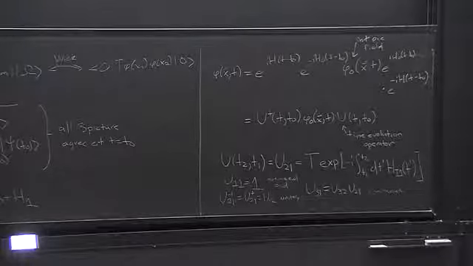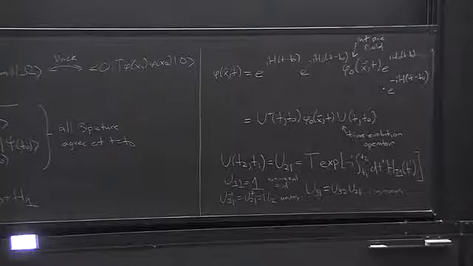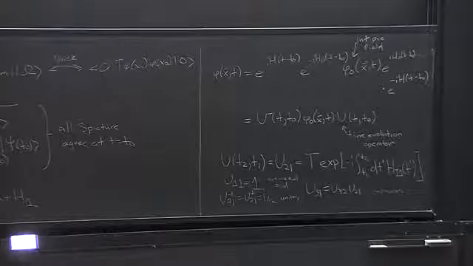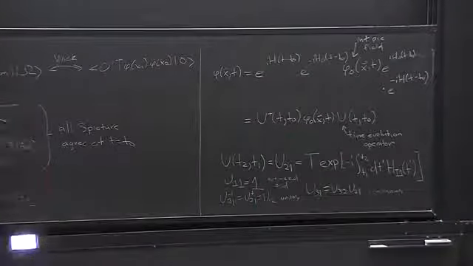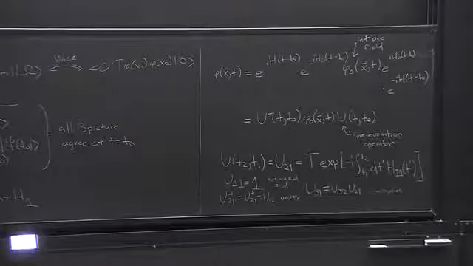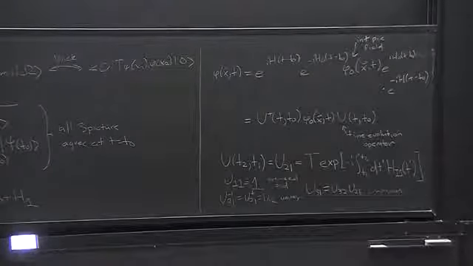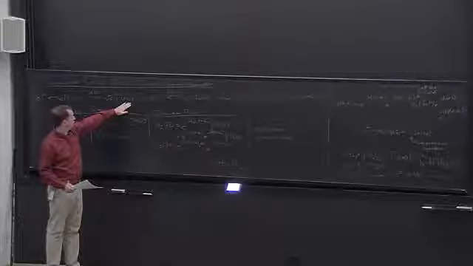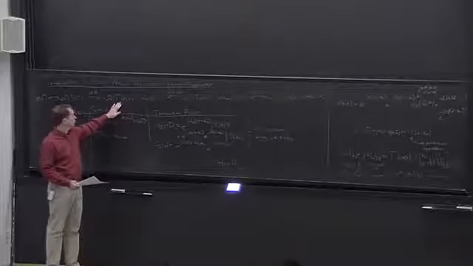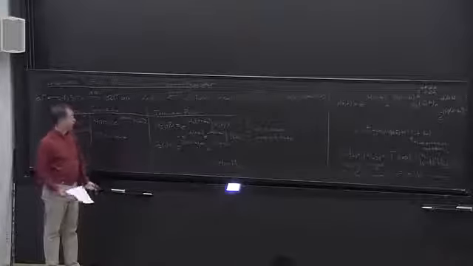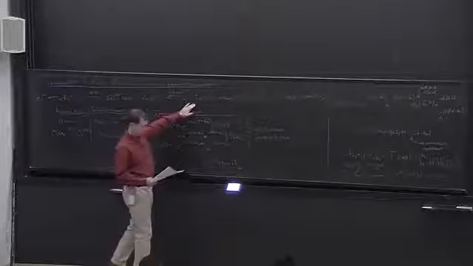Okay, so that's an extremely fast review of the interaction picture, but you're all familiar with it from both your homework and the quantum theory course. What we're going to do now is basically just express our Heisenberg picture vacuum expectation value of the time ordered product of fields in terms of the interaction picture.